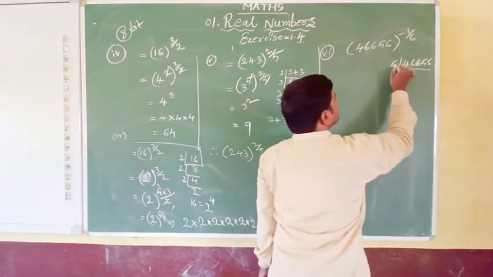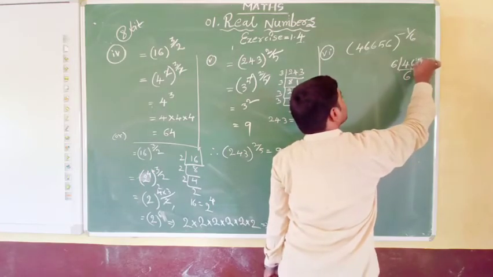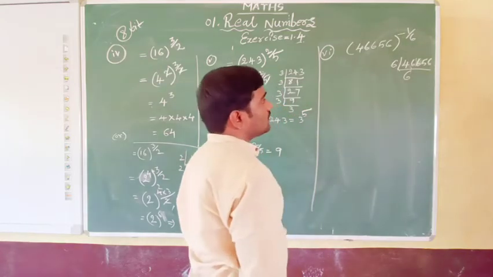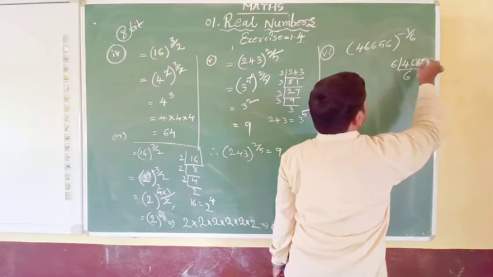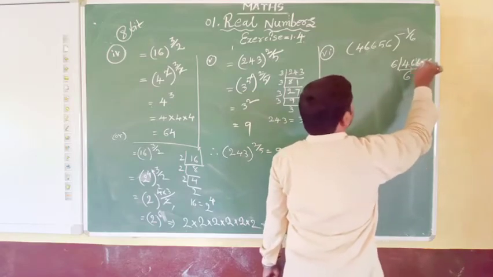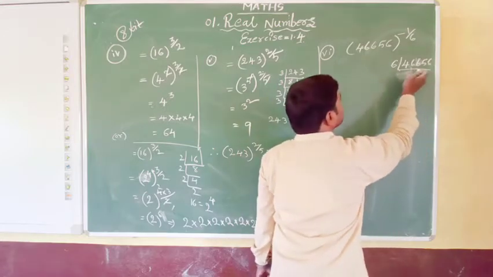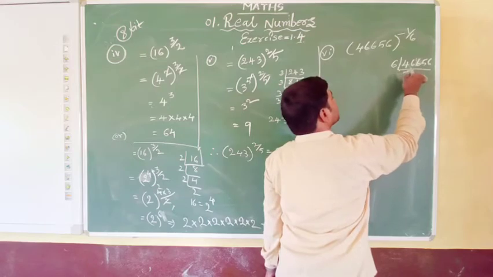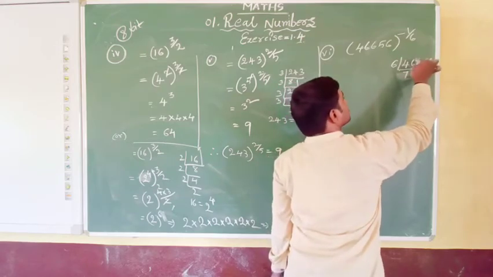See, 6 6s are 36. How many left actually? 10 left. Sorry, here directly, 6 7s are 42, that is possible.